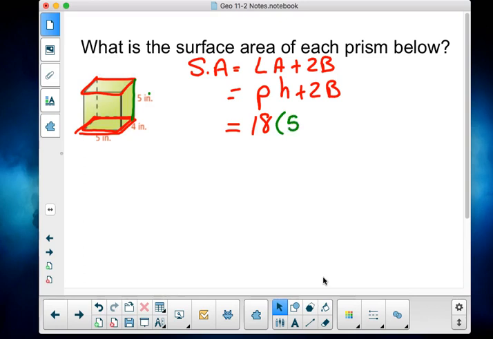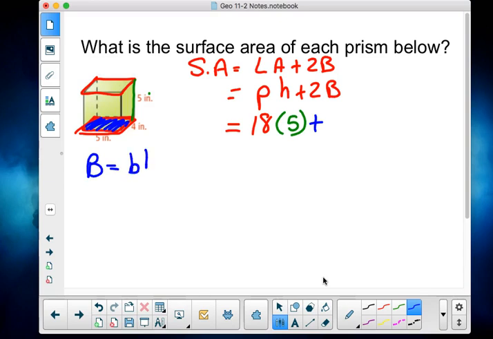Okay, so that's 5. Now, the area of one base, big B. Now remember, this equation is base times height. This is a rectangle, so this is going to be 5 times 4, which is just 20.